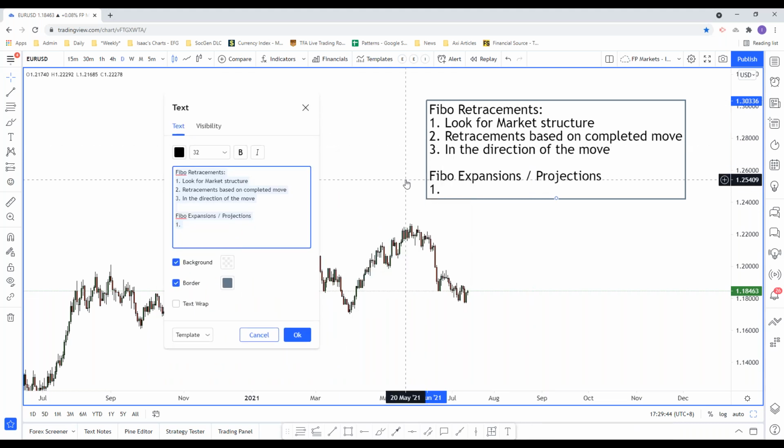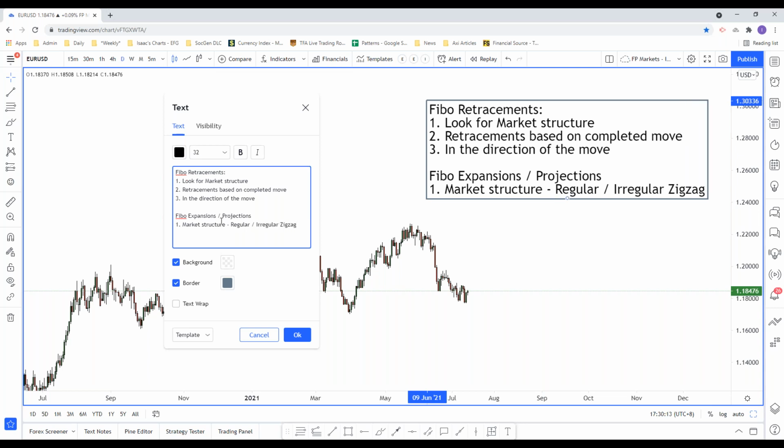So what are the main guiding principles of Fibonacci expansion or projection? Same thing, right? You need to understand the market structure. But with the market structure here, apart from identifying the key swing highs and swing lows, you need to also know whether it's a regular or irregular zigzag, right?